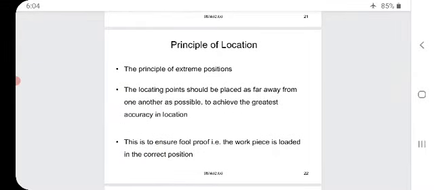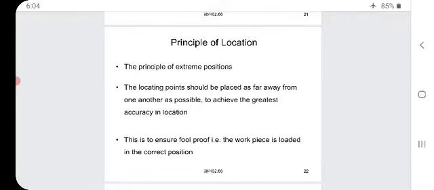So the principle of extreme positions: the locating points should be placed as far away from one another as possible to achieve the greatest accuracy in the location. The points which we have to locate should be placed away from one another. Why?